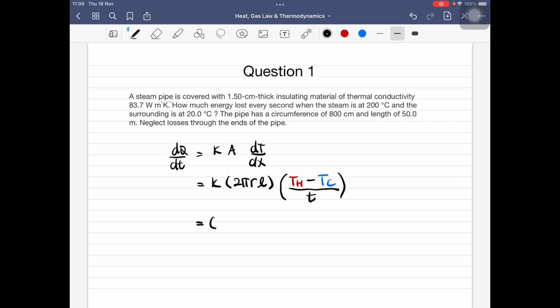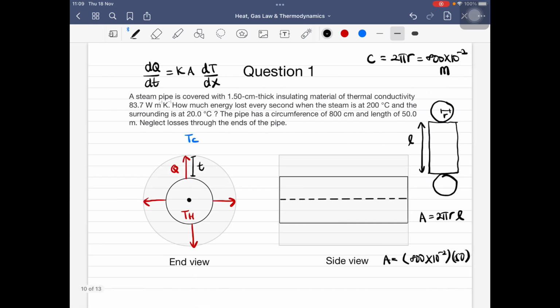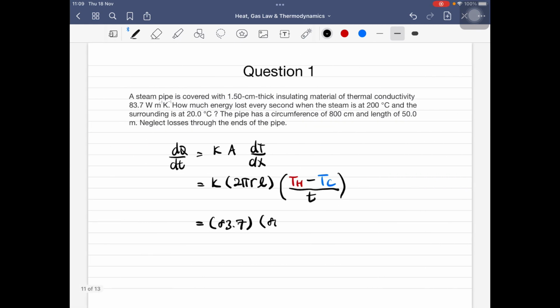So K is equal to 83.7 watt per meter per Kelvin, and the cross-sectional area just now is equal to 800 times 10 to the power of negative 2 times 50 meter. Then your T hot is equal to 200 degrees Celsius minus 20 degrees Celsius.